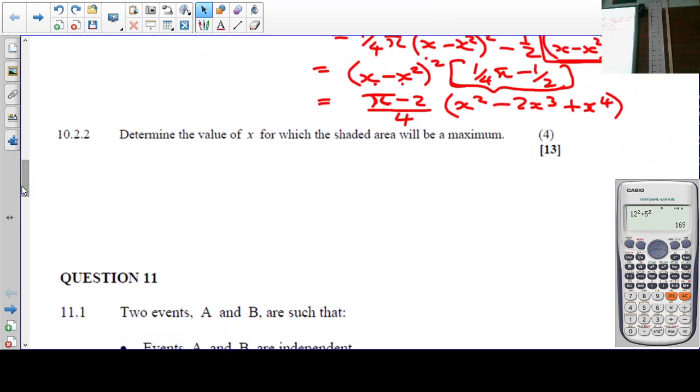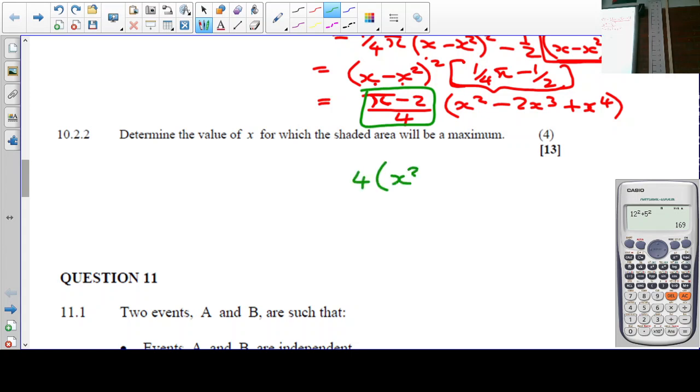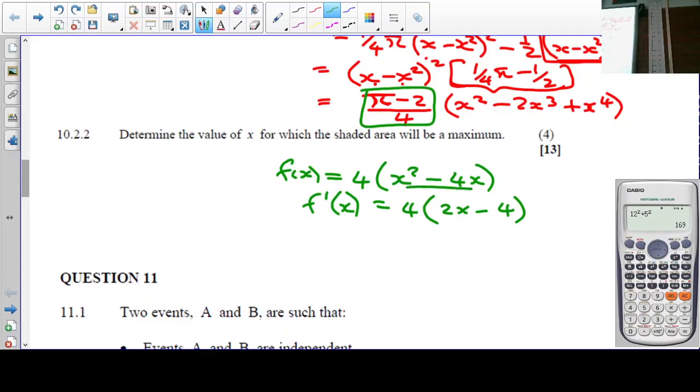People, this is a constant to us. Not so? So if for argument's sake you got 4 into x squared minus 4x, and they ask us to take the derivative of this, say this is f of x. So the derivative of this would be 4 into 2x minus 4. I've taken the derivative there, which is 8x minus 16.